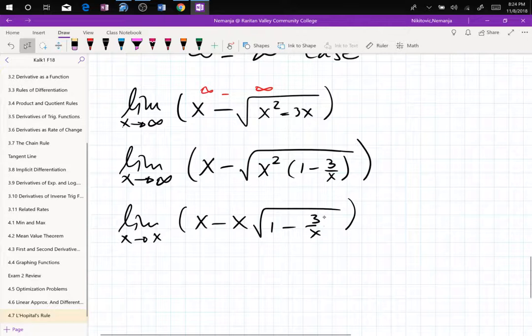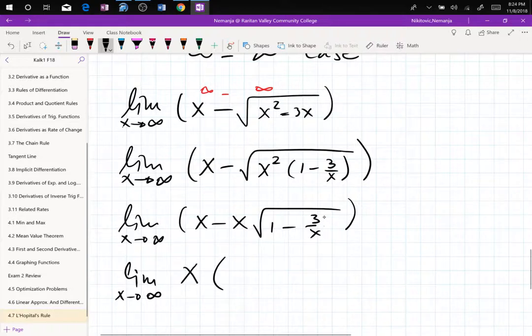And here is where the factoring happens. Limit, oops, this is infinity, x goes to infinity. Factor out x, we got x times 1 minus the square root of 1 minus 3 over x.